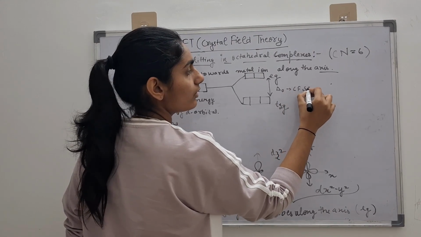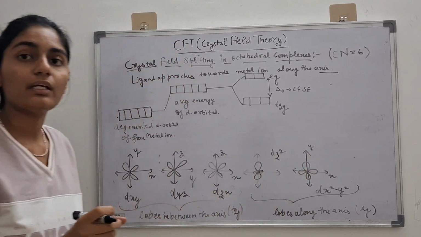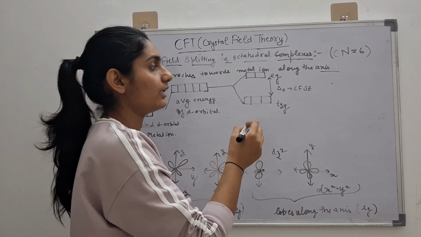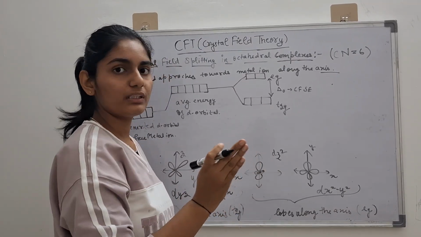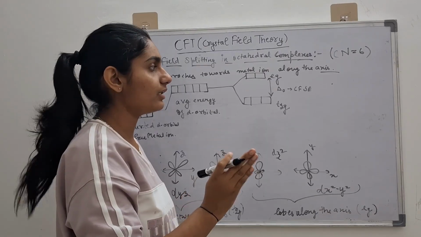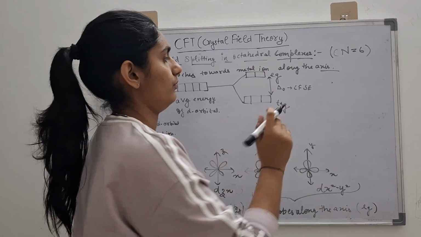CFSE means crystal field stabilization energy, the net stabilization energy which the d orbital gains after the splitting of their degenerate d orbitals.